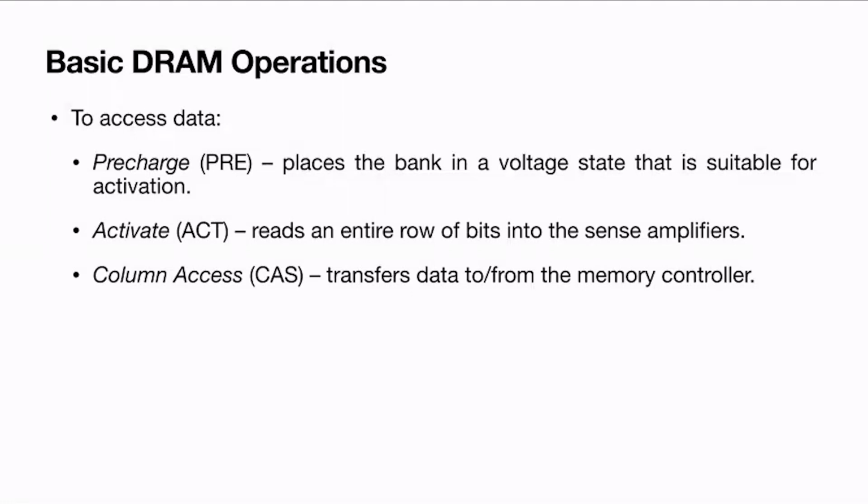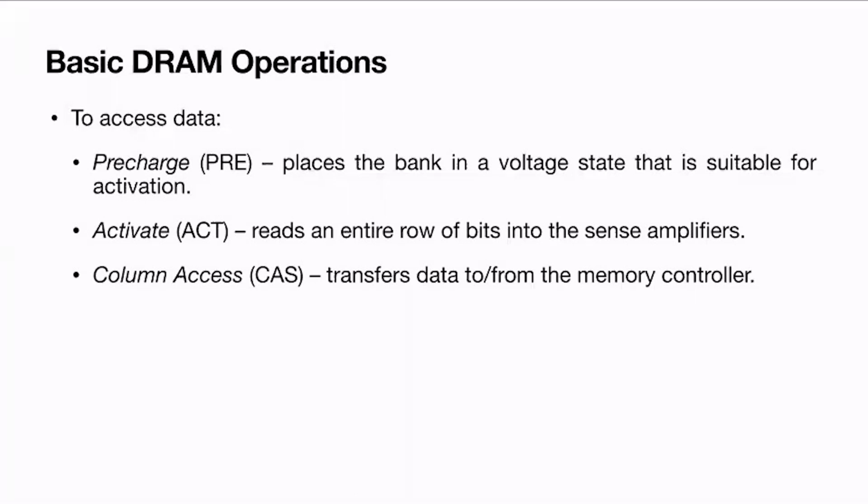But over time, because the capacitor is leaking, if you want to read the data after some time, the charge may be below the threshold, and it can wrongly say that it is logic 0. That is wrong. So you need to regularly refresh these DRAM cells. That is the reason why it's called dynamic random access memory. You have to keep on refreshing to maintain the original data as it is.